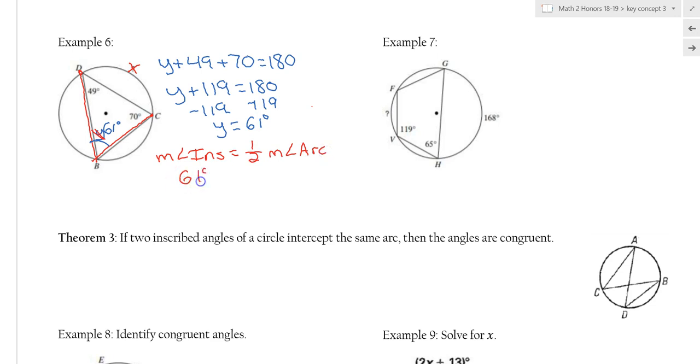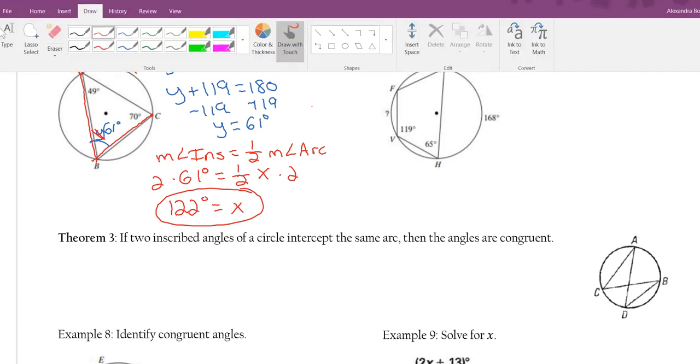I know my angle is 61 degrees. My arc is my x. I'm going to multiply both sides by 2. 2 times 61 is 122 degrees equals x. Okay, so again, with a lot of these inscribed angle and central angle problems, you have to add things, subtract things. 360, 180, all of those types of things come into play.